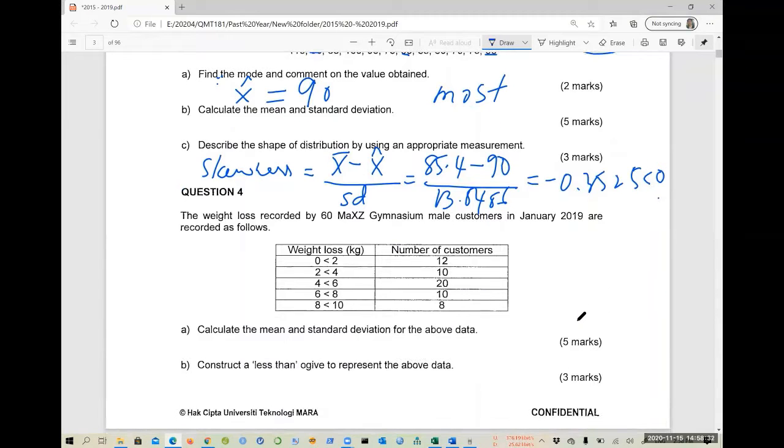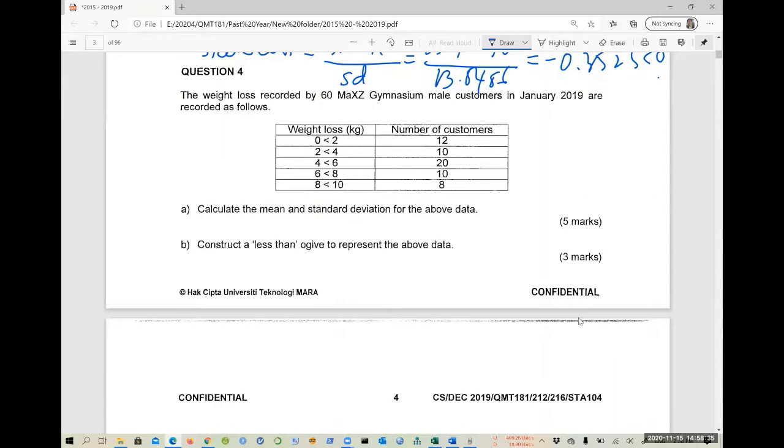Next one that we're going to look at is related to the grouped data set. In order to find the mean and the standard deviation for a grouped data set, I've shown you the calculation using the calculator in my video, so you can check that one.